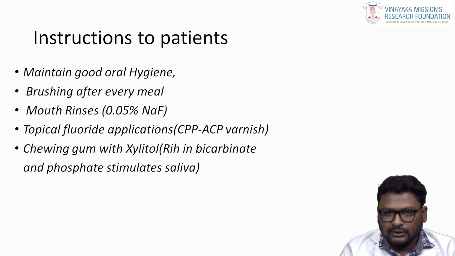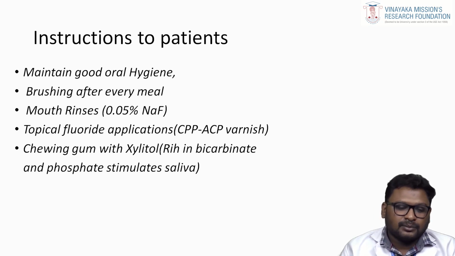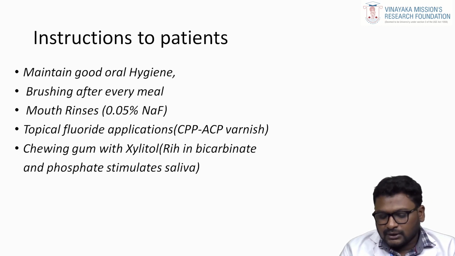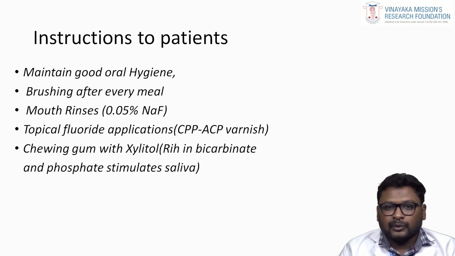As I told earlier, 0.05% sodium fluoride is advisable daily. Once per day is enough. And topical fluoride applications like varnishes can be applied. And chewing gum: nowadays chewing gum with xylitol is available that will increase the salivary flow rate. So that will also be helpful in maintaining good oral hygiene.